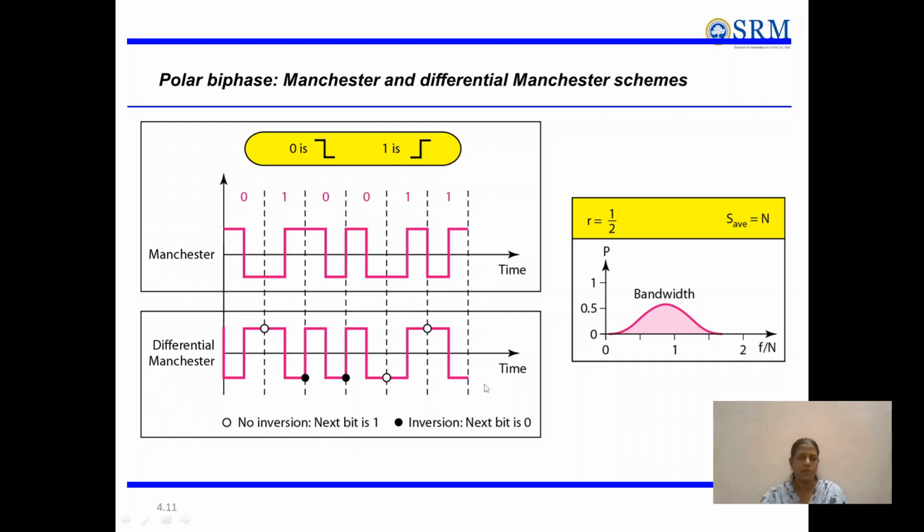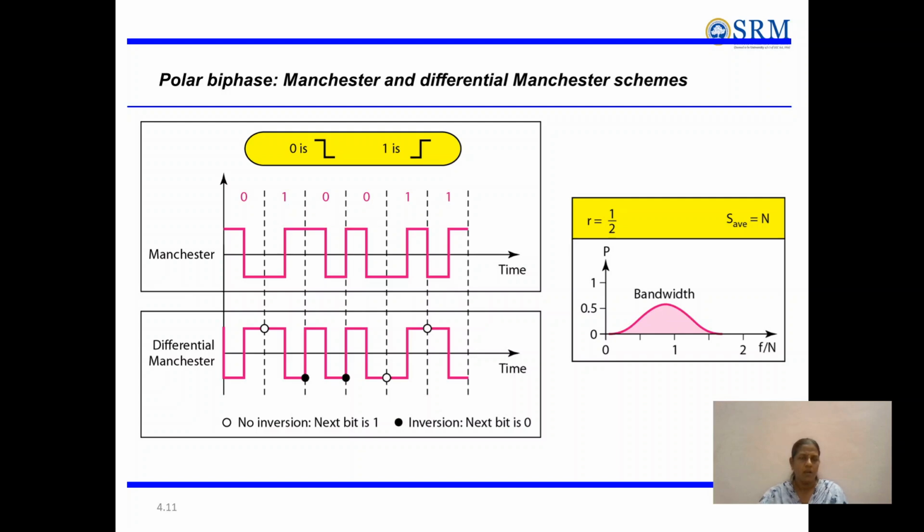This inversion happens based on the previous value. A 0 has two changes, from high to low and low to high, whereas 1 is represented by only one change, either from high to low or low to high.